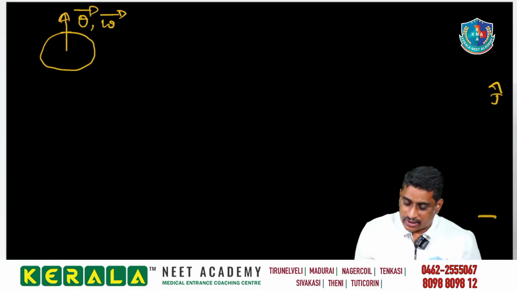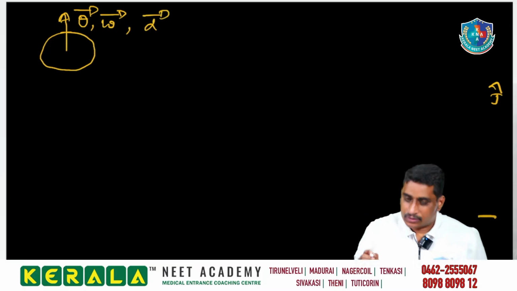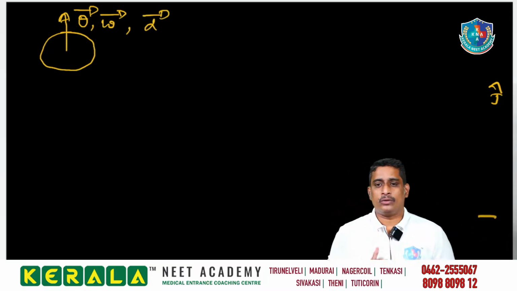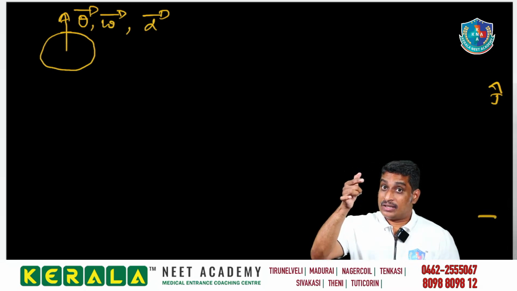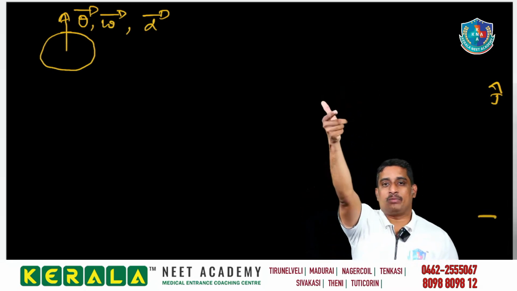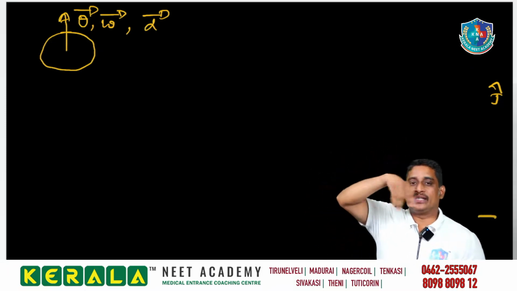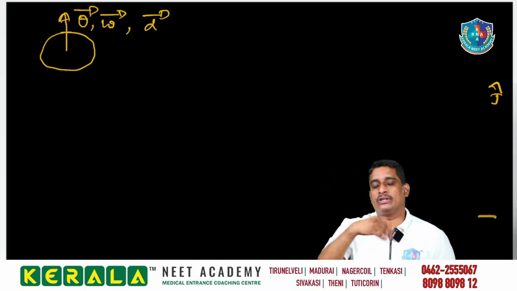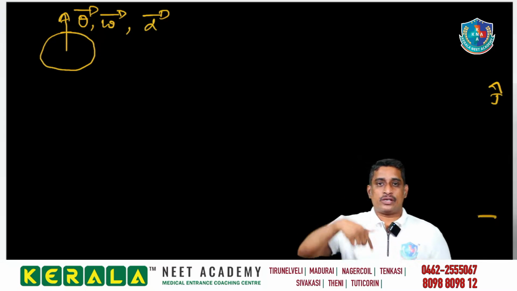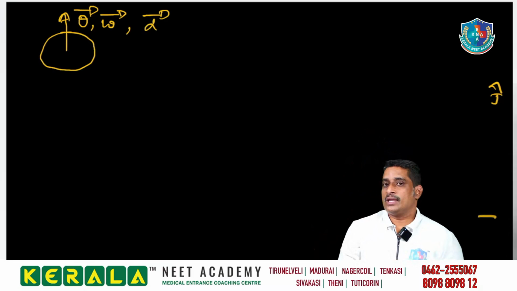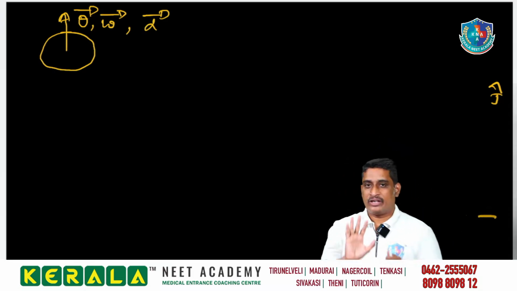Angular acceleration alpha bar depends upon the torque experienced by the particle. If alpha bar is along the direction of omega bar, then the particle will accelerate angularly, that means angular velocity will increase. If alpha bar is opposite to omega bar, then the particle will undergo angular retardation. It is very clear, very simple.